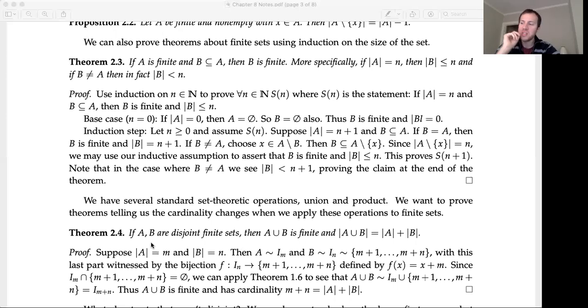Well, in the case of union, at least if you were careful about it, you have to be more careful than maybe you think you would need to be. So the first theorem is that if A and B are disjoint finite sets, their union is finite, and the size of the union is the sum of the two sizes.